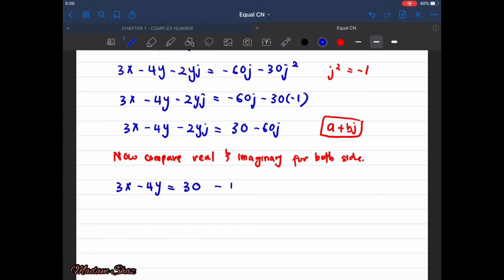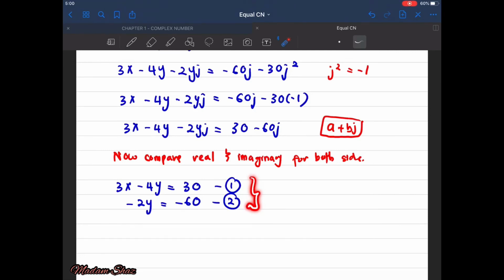So this is our first equation. The imaginary number for the left hand side is negative 2y, equal to negative 60. So this is our second equation. From here you have to solve the simultaneous equations, equation 1 and equation 2.